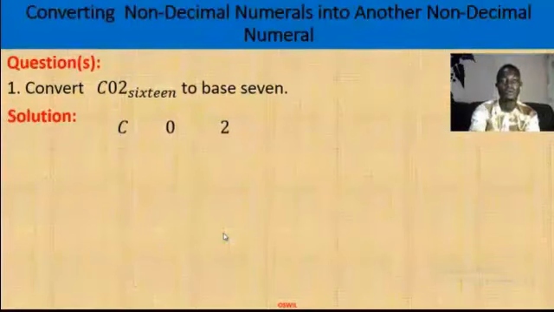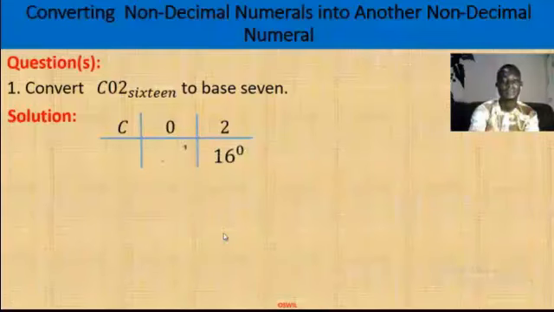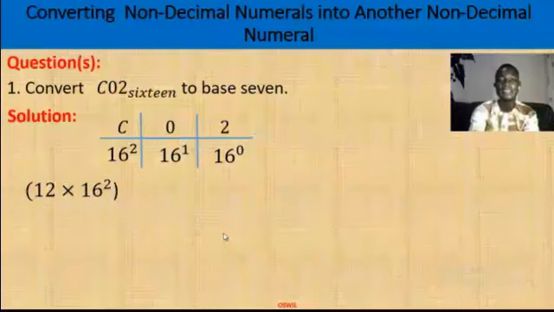First of all, write the place value for C02 base 16. And this would be the place value for each digit in C02 base 16, as you see on the screen. The next thing is that we multiply each digit by its place value.